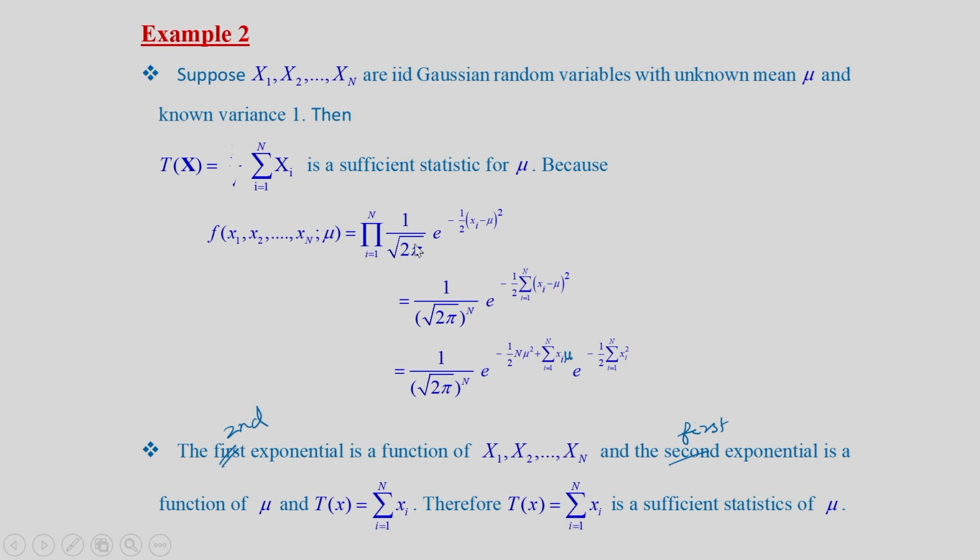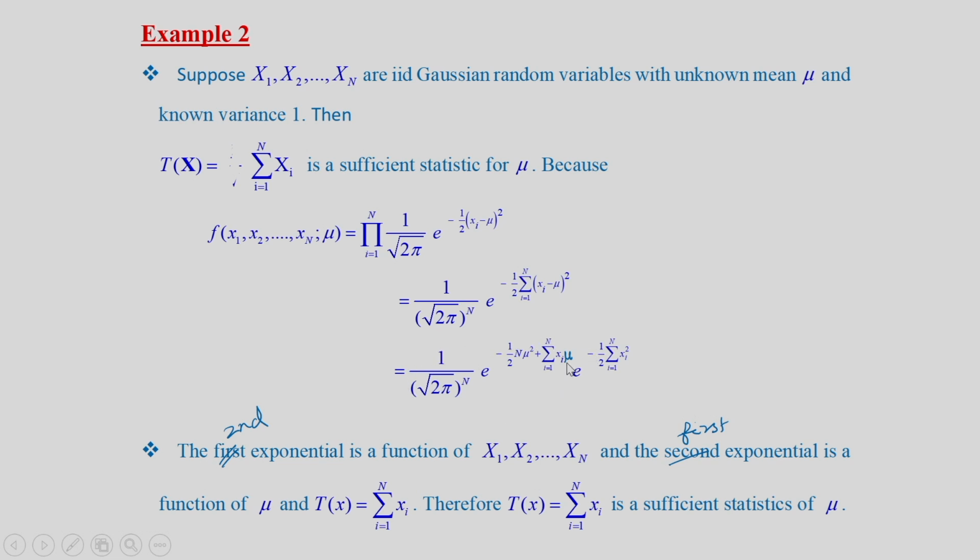This is the product of the individual marginal PDFs, and all are IID, so same mean and same variance 1, and this product we are writing as a summation, and this now we can expand, (xi minus mu) whole square.